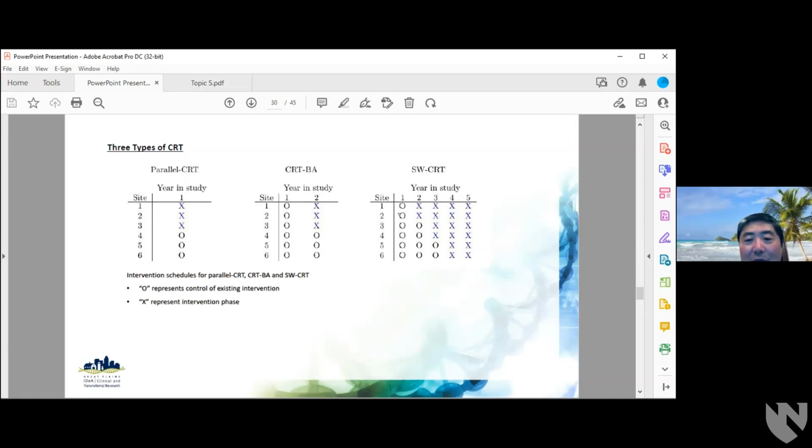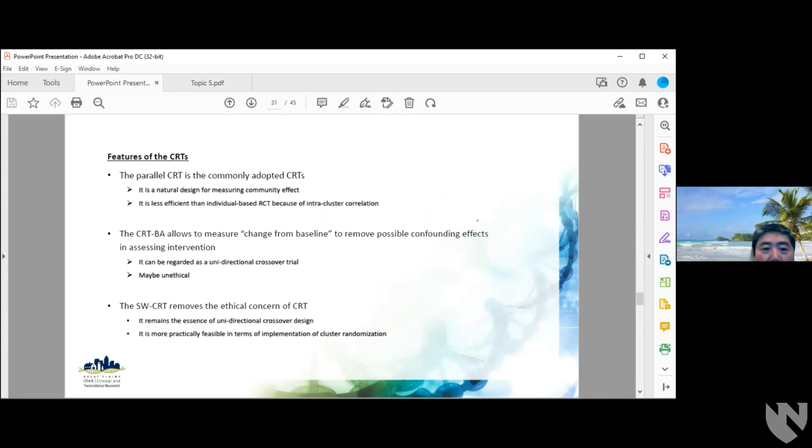Then some of the clusters are randomized into intervention, and the rest remain in control. Then moving up, eventually all the clusters will be enrolled into intervention. So for this stepped-wedge CRT, you have 5 steps: 1, 2, 3, 4, 5.